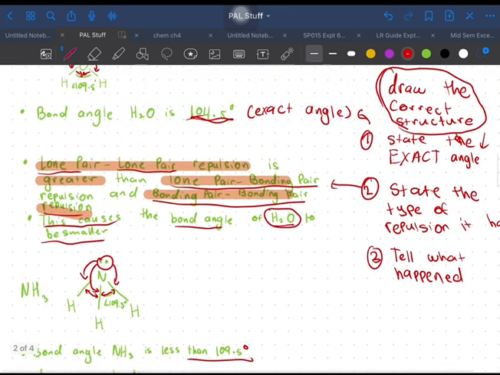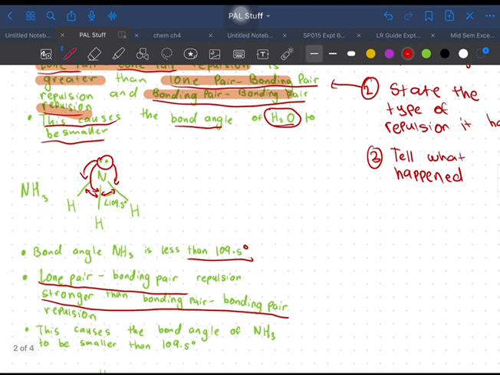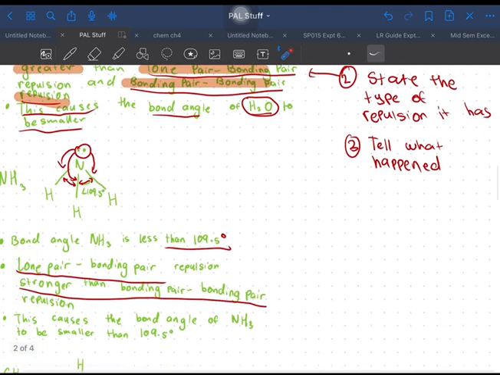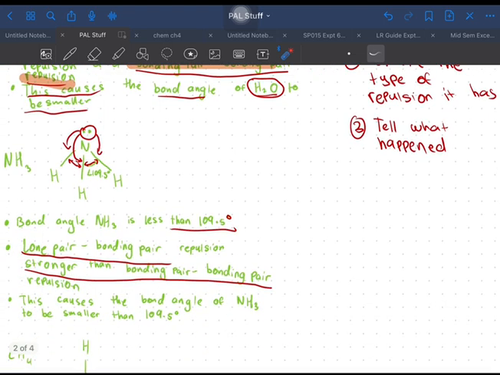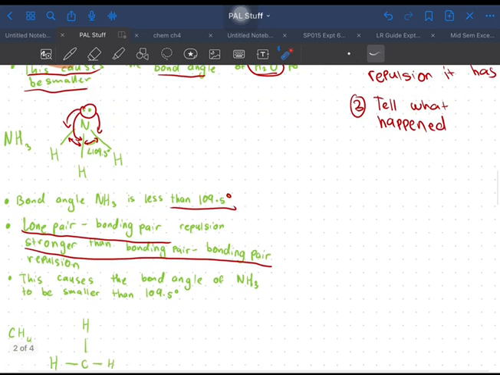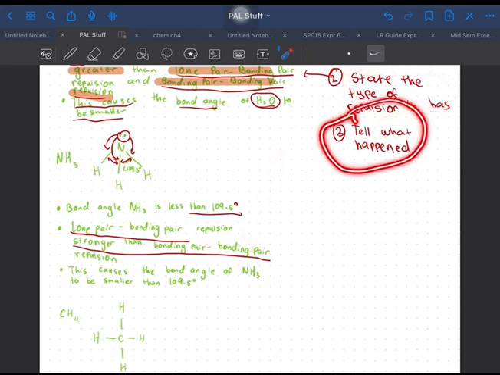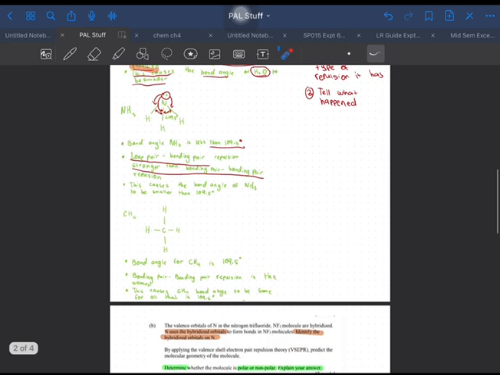So once we draw the correct structure, we will know what the angle is and what to explain. Then we state the type of repulsion it has. After that, we tell what happened when that bond is there.